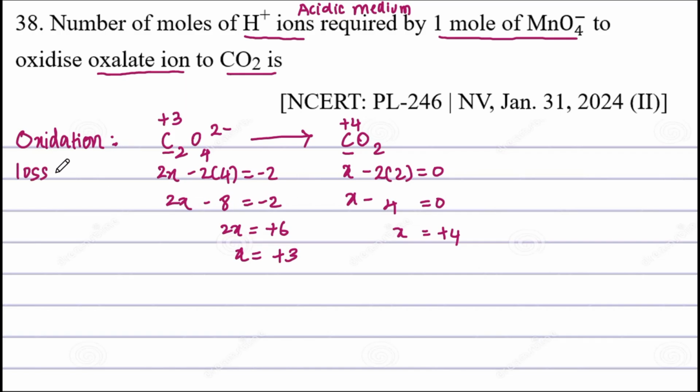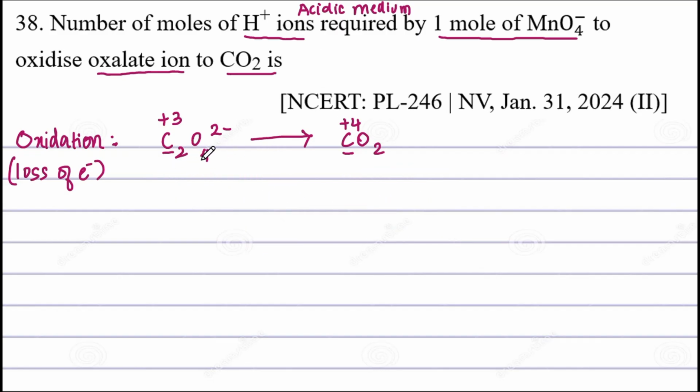Now what is oxidation? Oxidation is loss of electron. How many electrons are lost? You have to see the change in the oxidation state. The change in oxidation state is 1. But before that, you have to balance the number of carbon and oxygen atoms. So let me erase this. First, we will balance the number of carbon and oxygen atoms. In the reactant side, 2 carbon atoms are there.